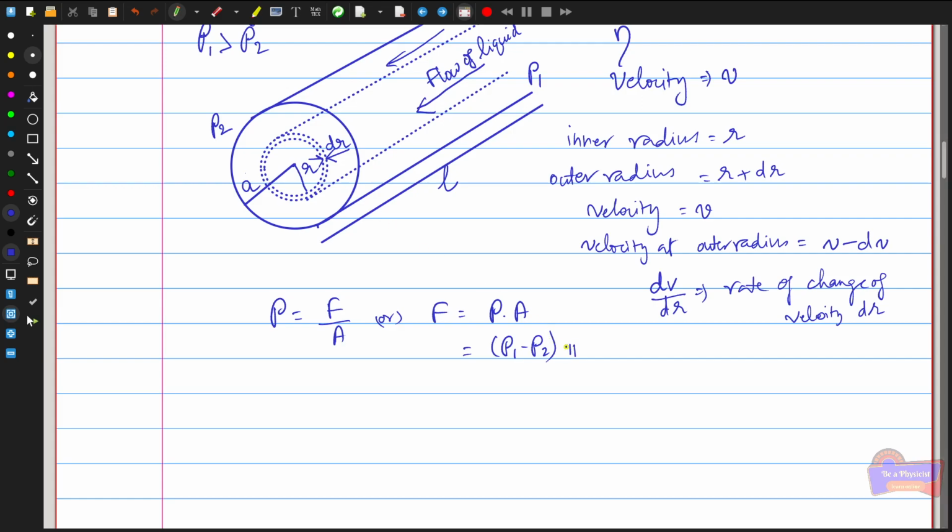That is the force causing the fluid flow, which means it is the driving force, F1, equal to P1 minus P2 multiplied by pi r squared.